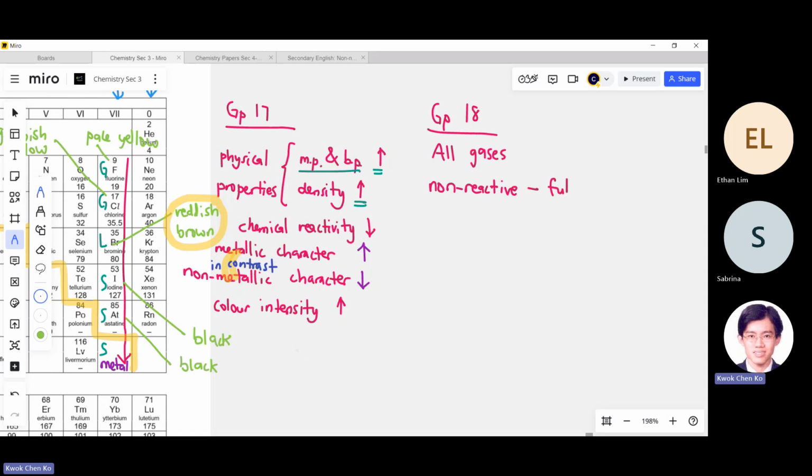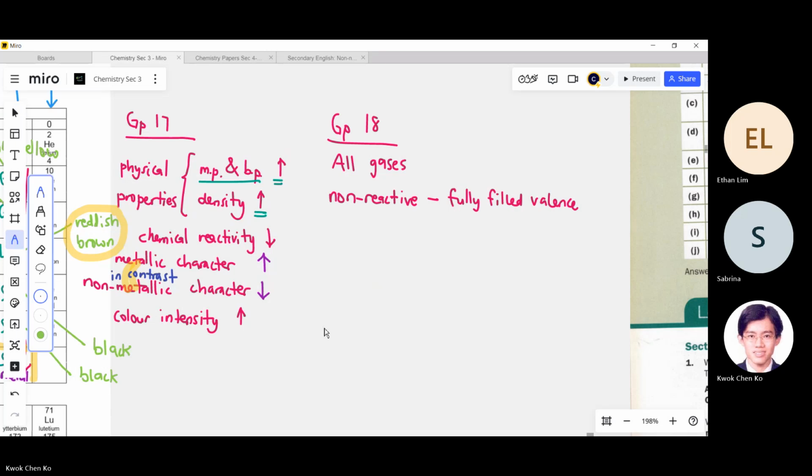Okay. Fully filled valence shell. And that means they simply love this model statement: stable electronic configuration has been achieved. Let me see anything else.